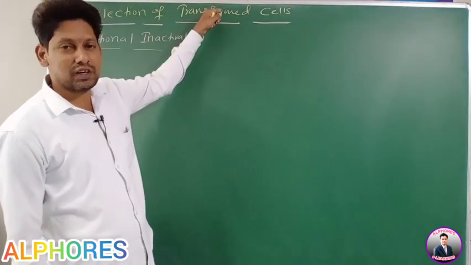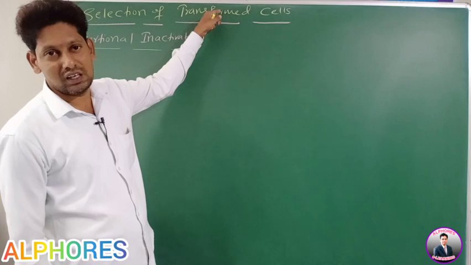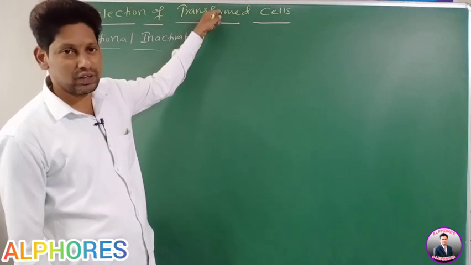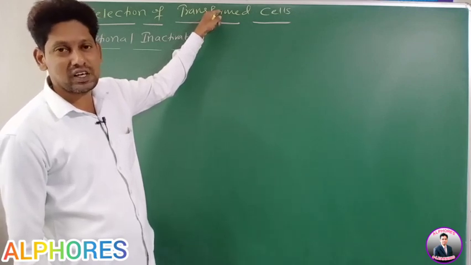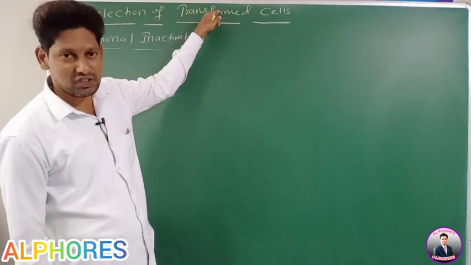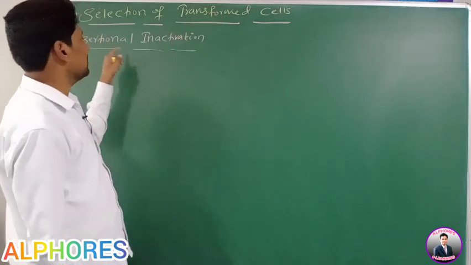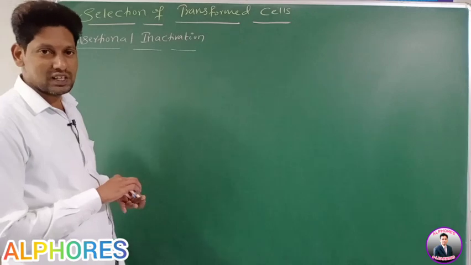In selection of transformed cells, we completed by using one antibiotic resistant gene, and by using 2 antibiotic resistant genes. Now we are discussing insertional inactivation. What's that?